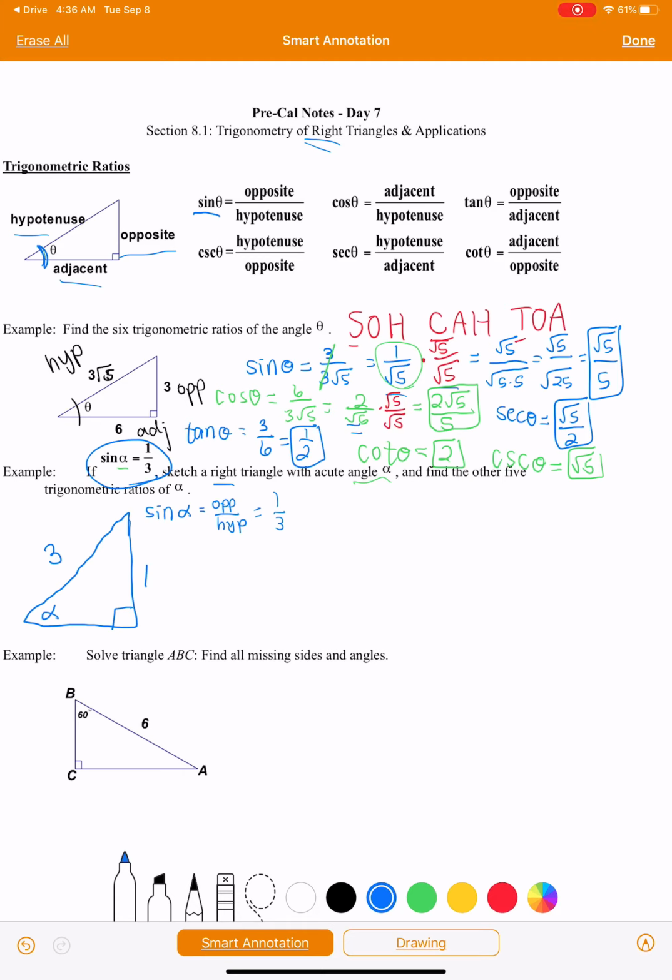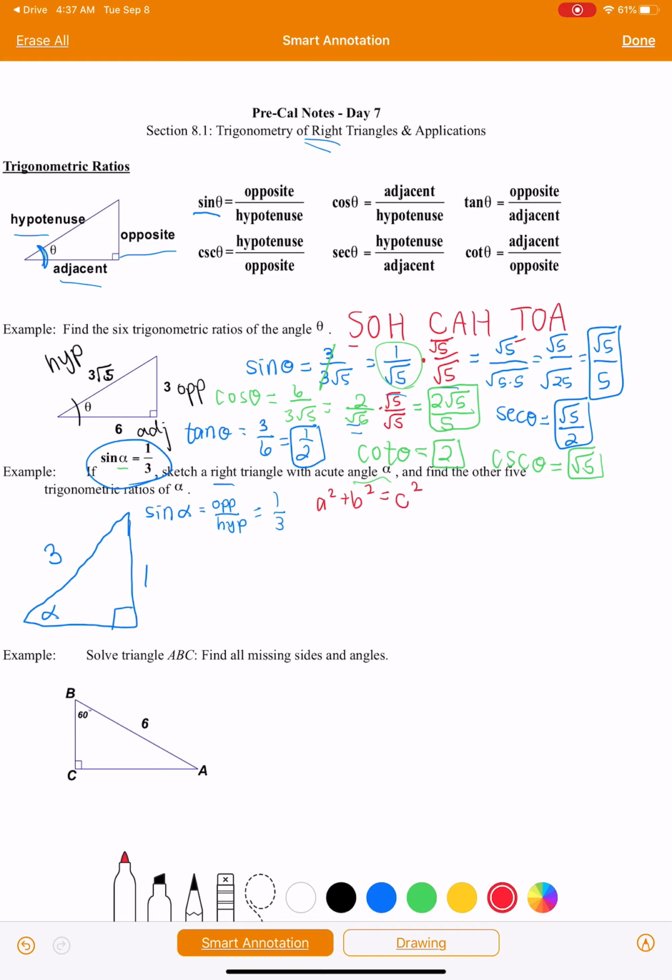Okay, well, first off, how do I find what that side is supposed to be? So you might remember when we were working with these right triangles that we have Pythagorean's theorem. So that will help us find missing sides of a triangle. All right, so that theorem is a squared plus b squared equals c squared. Okay, so a and b just stand for 2 sides that I have.